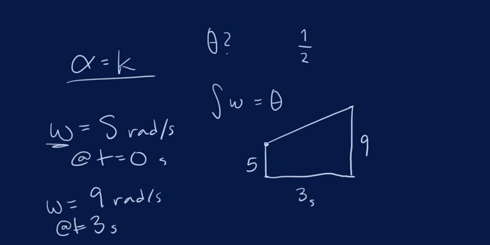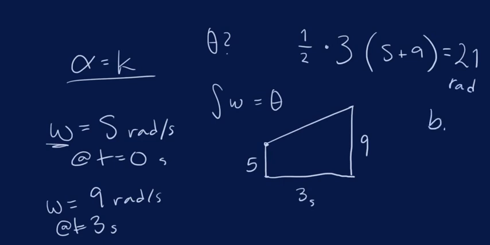So 1/2 times base, which is 3, times 9 plus 5, equals 21. Okay. So 21 radians. And that is answer B. So for number 6, we get B as our final answer.